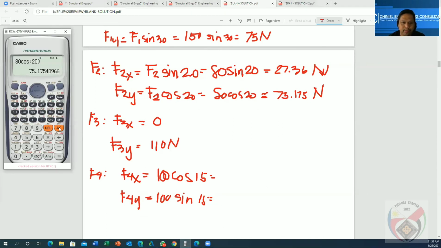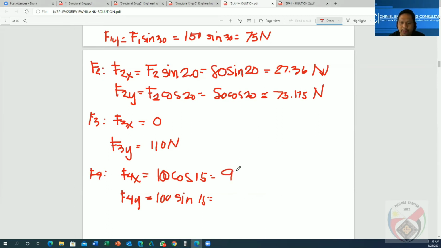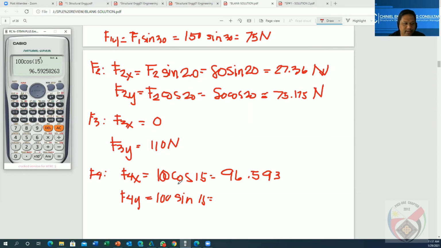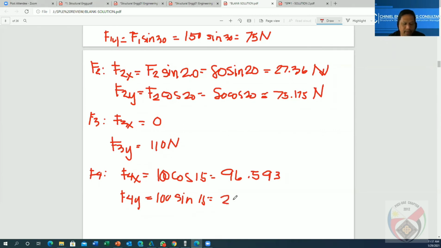So 100 cosine of 15 is 96.593. Then F4y, 100 sine of 15, is 25.882. Okay. 25.882 Newton. This is Newton.